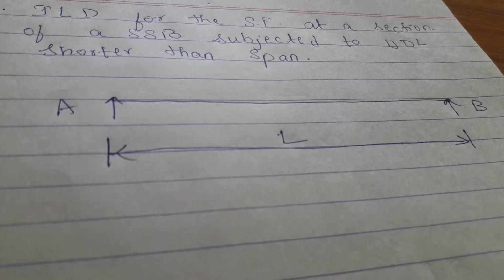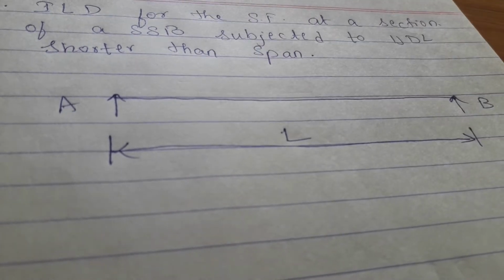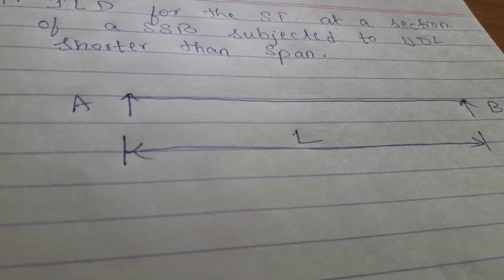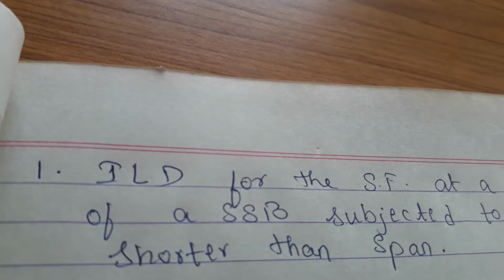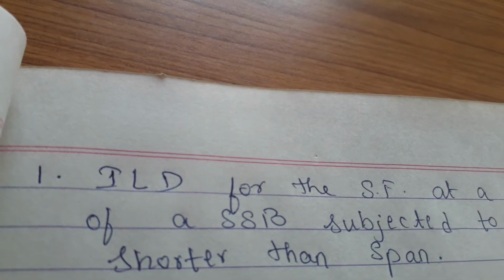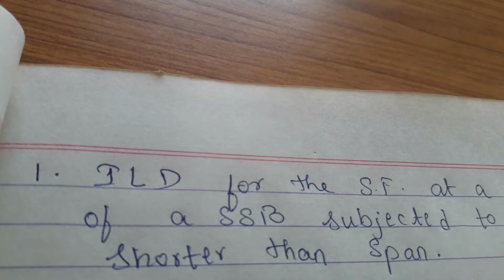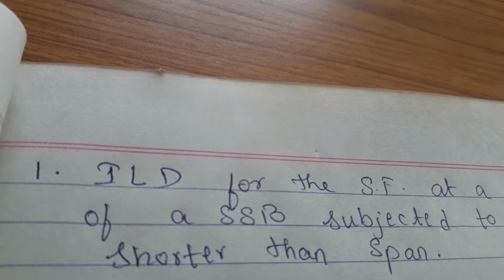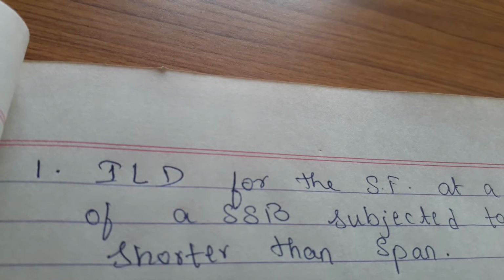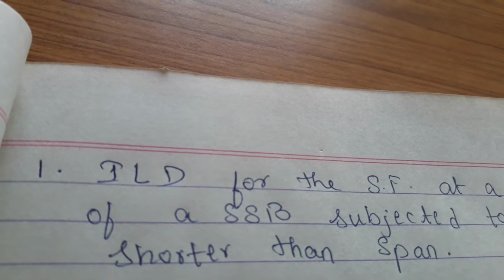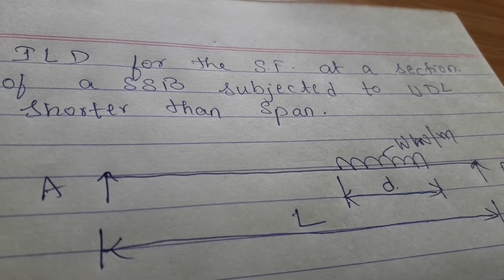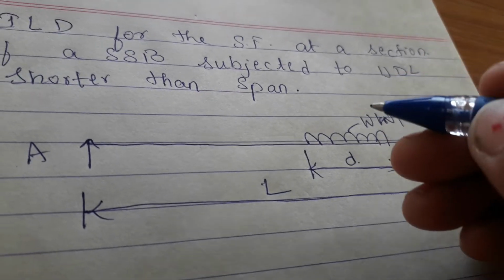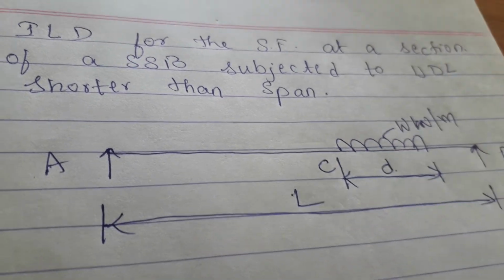So let us say a UDL W unit per length acts on the beam AB. Let us consider here a UDL of span D and intensity W kilonewton per meter is acting on the span AB.